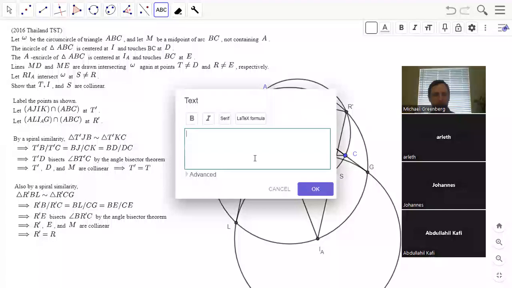So first of all, we have angle ARS equals 90. I'll say this is angle ARIA equal 90, which implies that S is the antipode of A, and that means that T, I, and S are collinear.